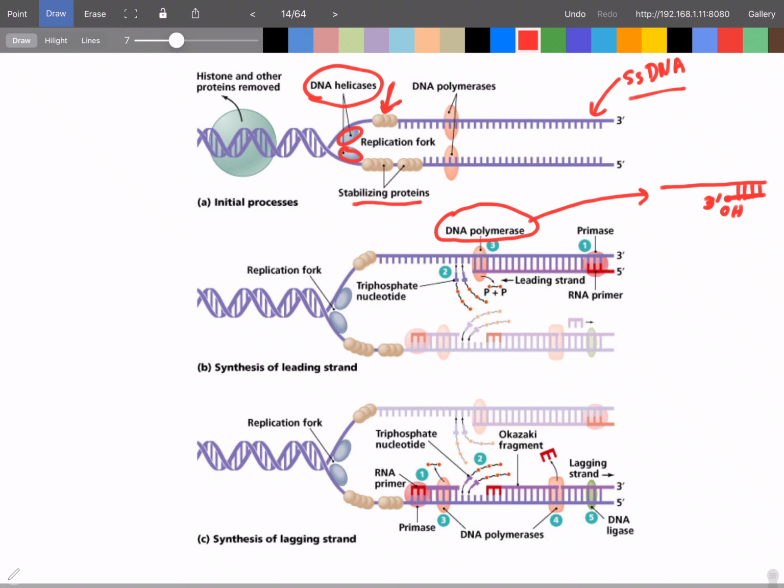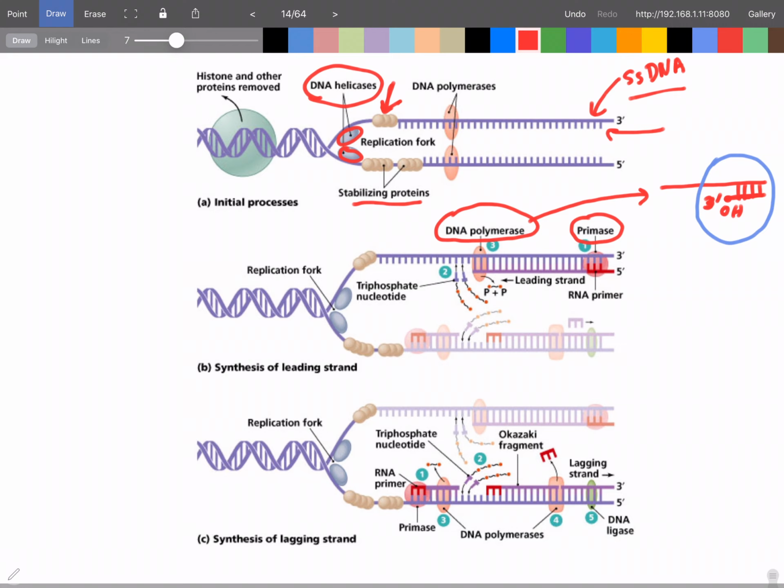So DNA polymerase, the only way it's going to see where it needs to go is if it sees something that looks like this. Okay, well, this doesn't exist initially in the DNA. What actually exists is just a single strand, right? It looks like that. So there's another enzyme that comes in first called primase.